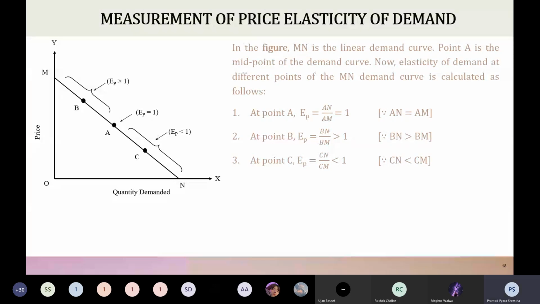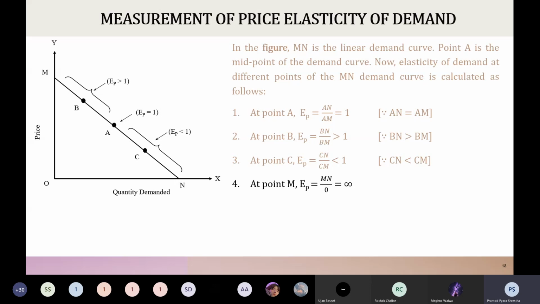Yes, please. The lower segment is MN, and the upper segment is 0. So any number divided by 0 is infinity. That's why at point M, EP equals the lower segment, that is MN, divided by 0, which is infinity.